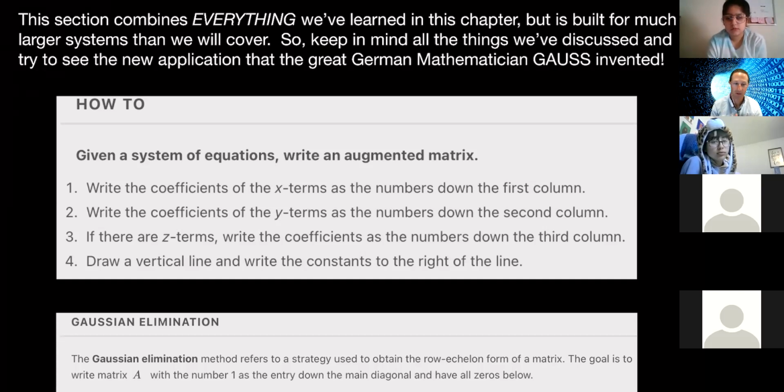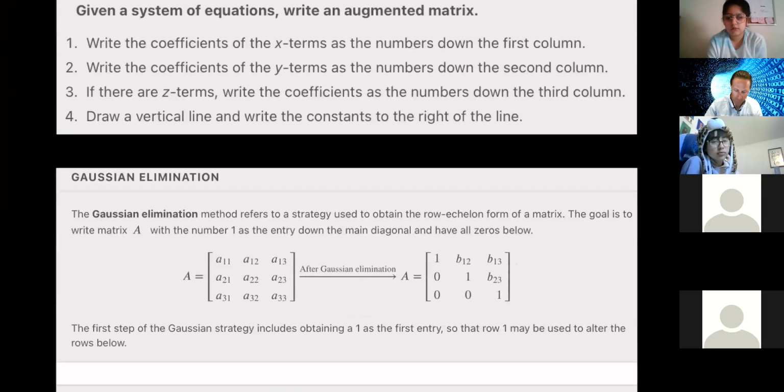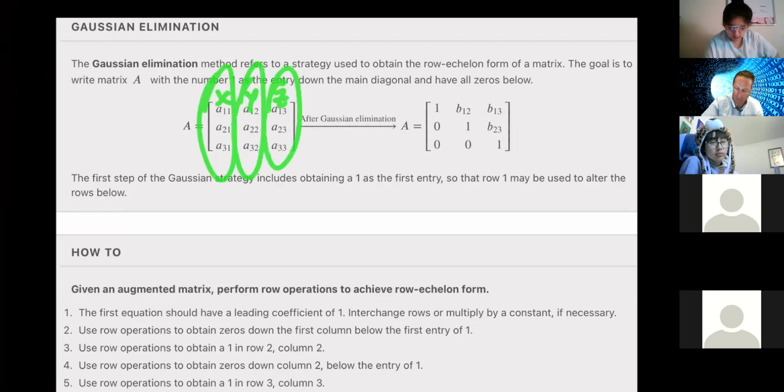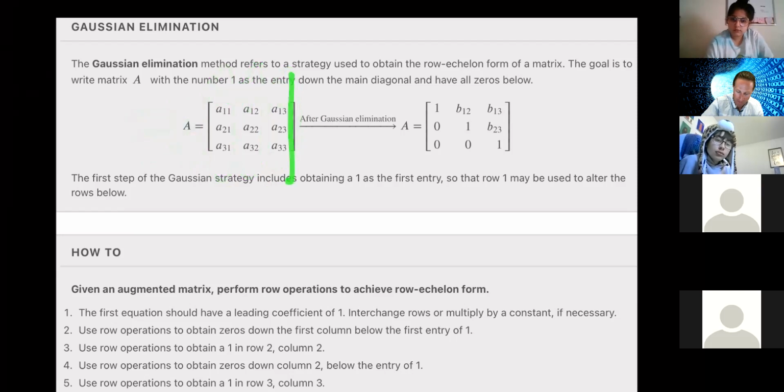So what we're going to be dealing with here is this matrix set up, where these are my x, y, and z coefficients for all 3 equations. Equation 1, equation 2, equation 3 are now my rows. There's going to be a line, and the numbers on the other side are the constants. That line represents the equal sign in our equation.